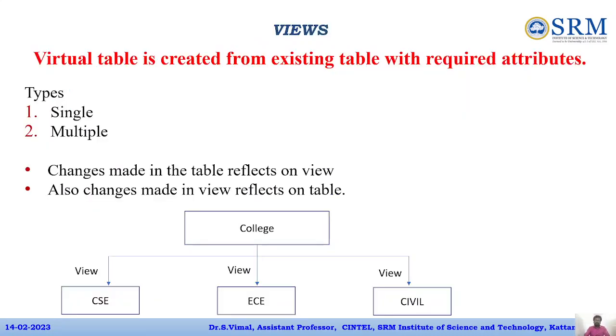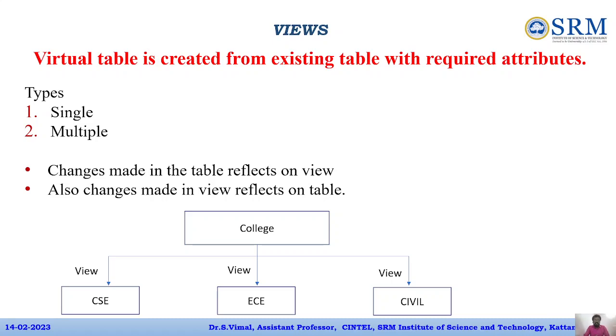Let me start with views. I think a view is what we are actually viewing at present. For a real-time example, in our house there are so many things, but currently we use only some of the things that are required for us.